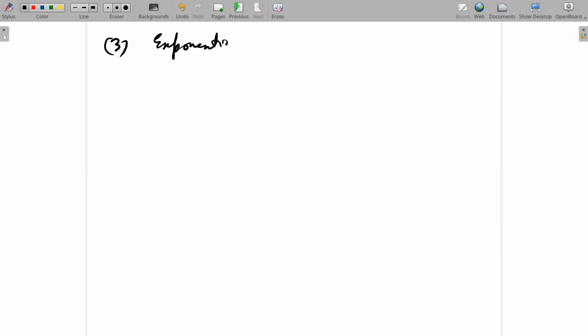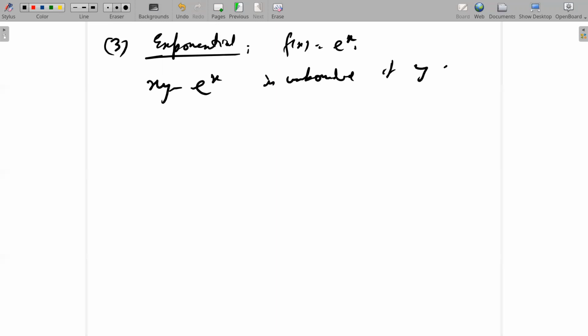Then let's look at the exponential. f of x is equal to e to the x. Again, you'll have to look at this function xy minus f of x. So this is unbounded if y is less than 0, because my minus e to the x anyway is unbounded. So if y is less than 0, it is unbounded.